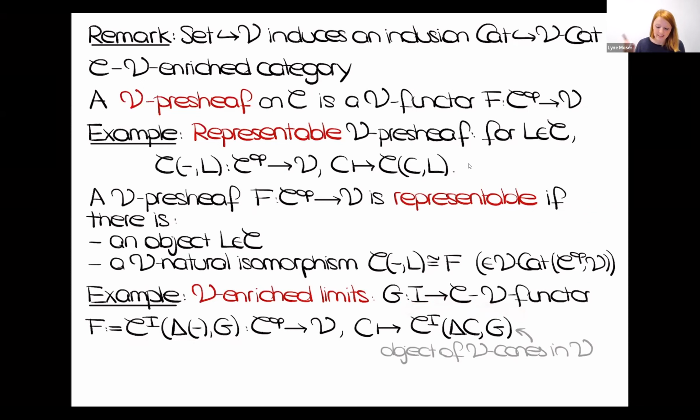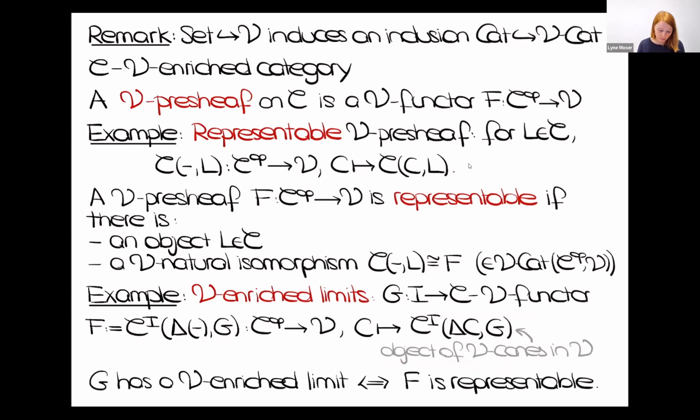It's Cartesian closed, and so between any two functors, I also have an object in V. So I have an object of V, cones in V.